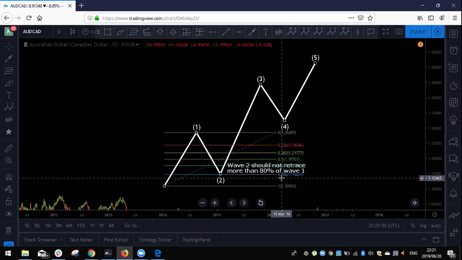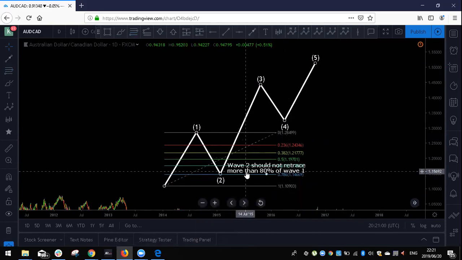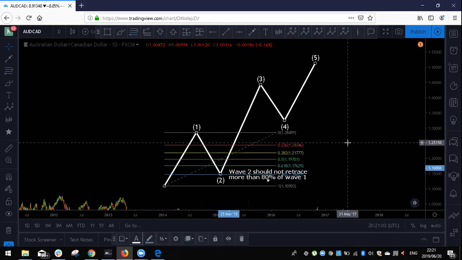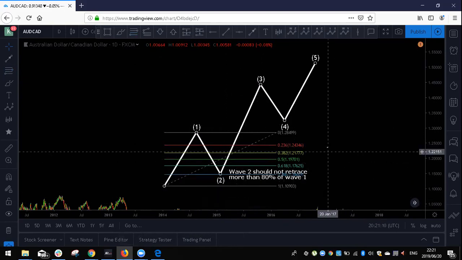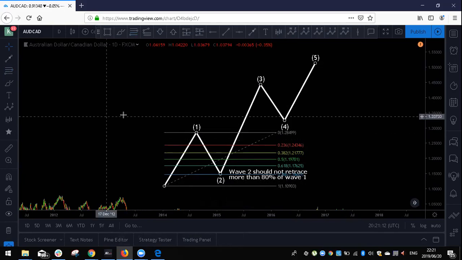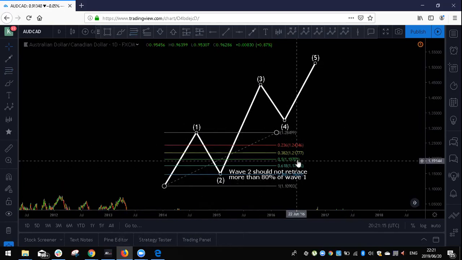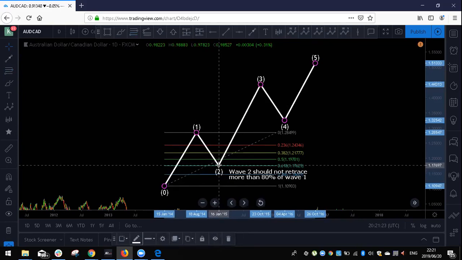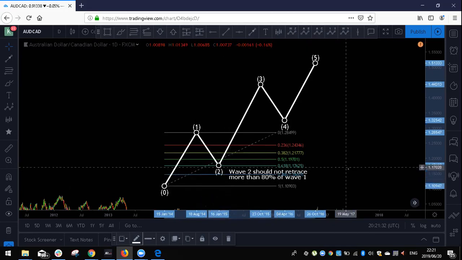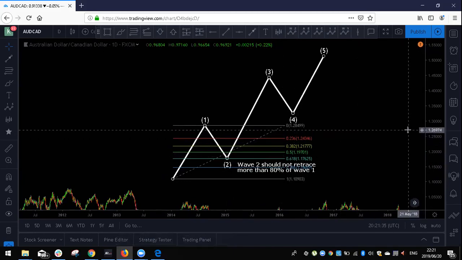There is 78.6, really close to 80%. There is where I got the rule. You remember I said I put my stop loss just slightly below 78.6. It's because it's most likely that you'll be trading a wave 2 at any point in time. So if it's a wave 2, you'll only confirm if it doesn't hit that 78.6.